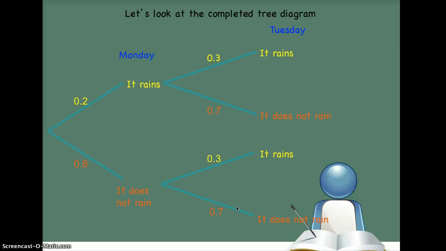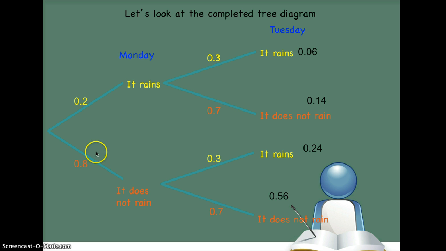To continue, you already know the solution for the probability that it will rain on both days, and that's 6%. And I said in the previous slide that the probability that it will rain on Monday but not on Tuesday is 14% or 0.14.